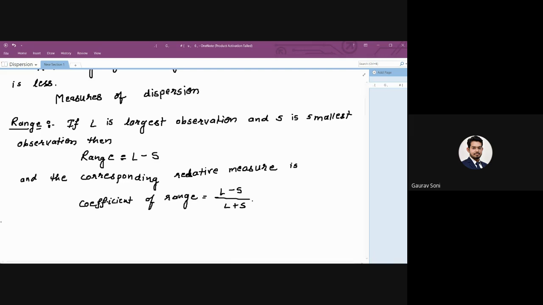So, a small remark: for a continuous frequency distribution, a small MCQ type question I can always ask is, what is the range or the coefficient of range for the given distribution?